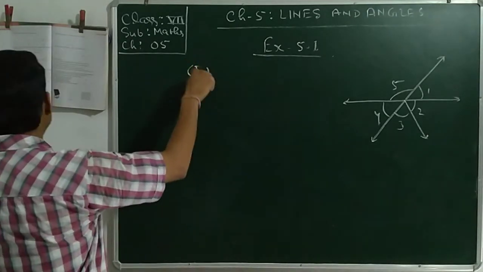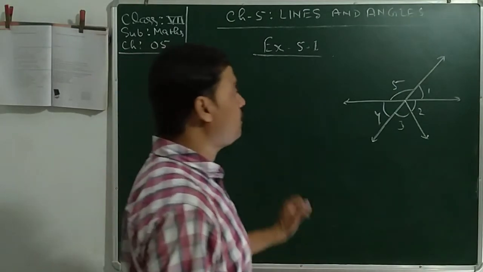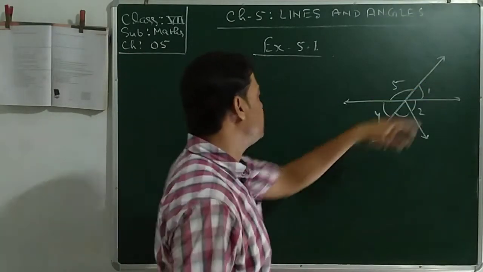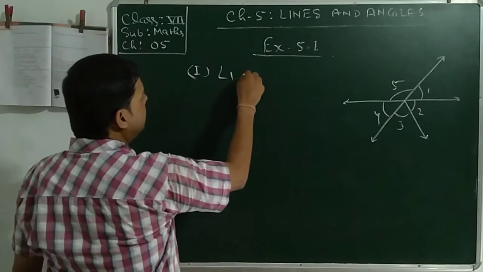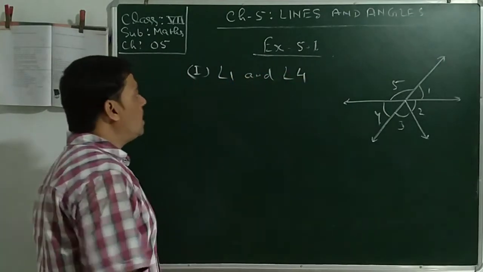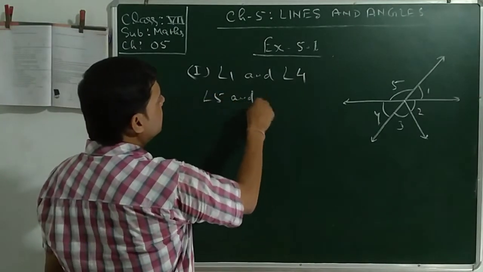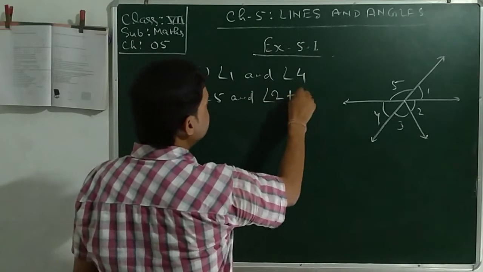See, the first part is to indicate which pairs of angles are vertically opposite. So vertically opposite we can see here angle 1 and angle 4. Another pair is also there, angle 5 and angle 2 plus angle 3.